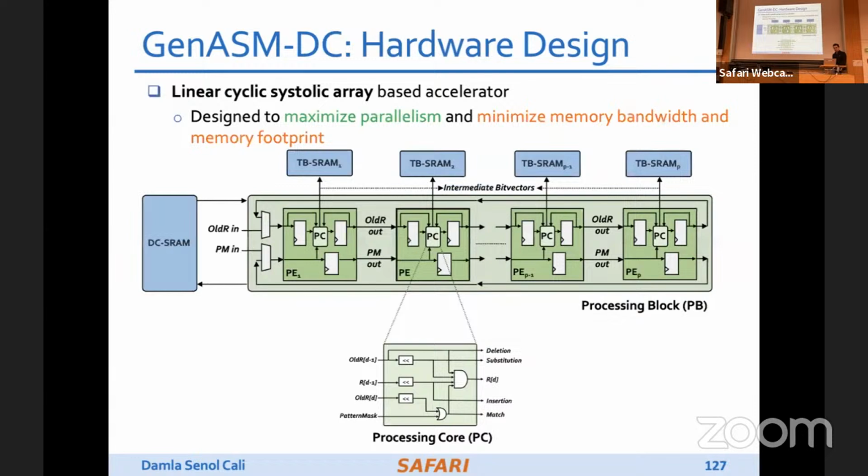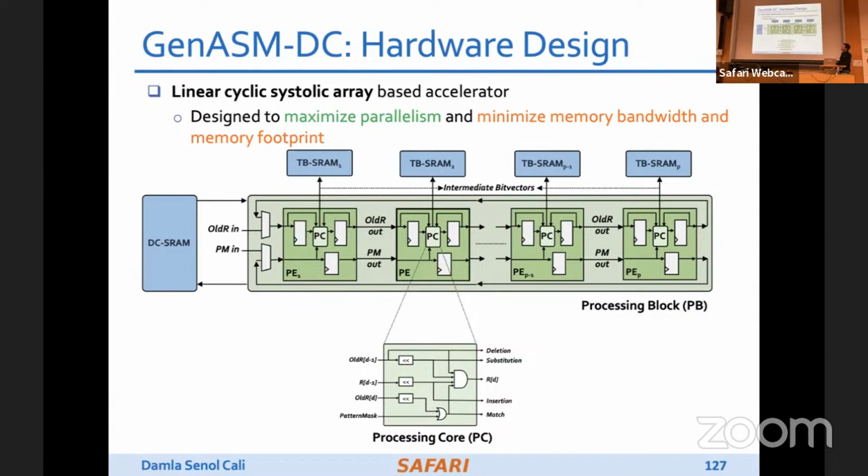In the distance calculation part, we rely on a systolic array structure because the BiTAP algorithm is a simple bit vector, bitwise based. It includes some bitwise operations using bit vectors. So this means that you can have simple logic, and the output that you generate in the previous step will directly be consumed in the next BiTAP step.